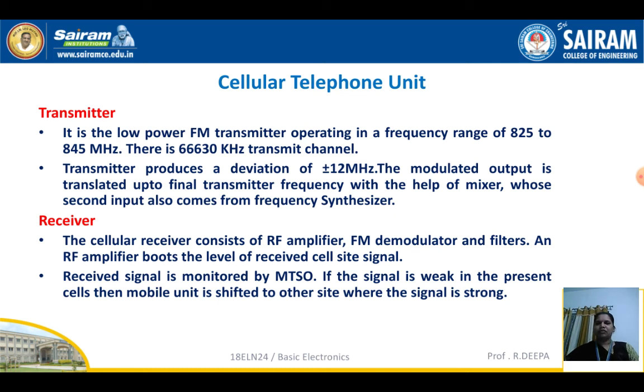The RF amplifier is going to boost the level of the received cell site signal, and the received signal is monitored by the MTSO. If the signal is weak in the present cell, then the mobile unit will get shifted to the other side where the signal is strong.